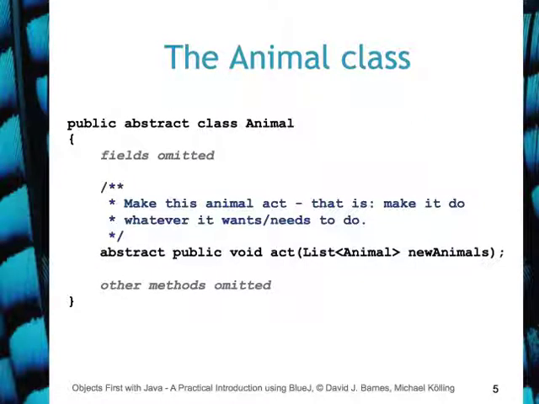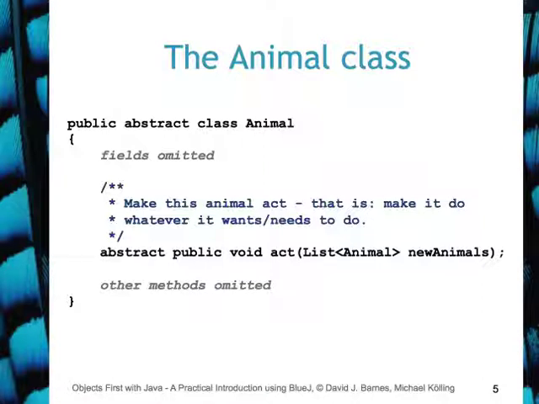So this is how animal looks when we make this change. We leave out the fields and other methods because all we want to illustrate is how act looks. And so we see that we have this single line for act: abstract public void act accepts the list of animals called new animals, and then a semicolon because it has no body.